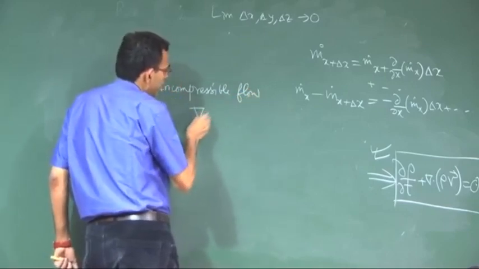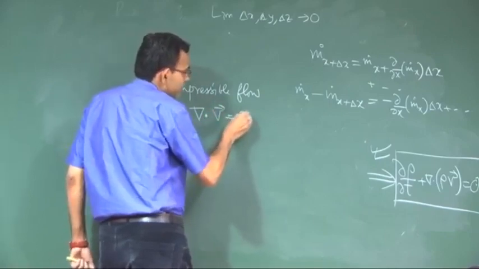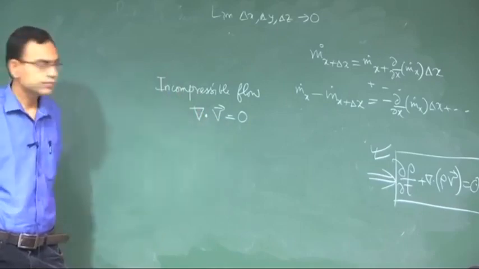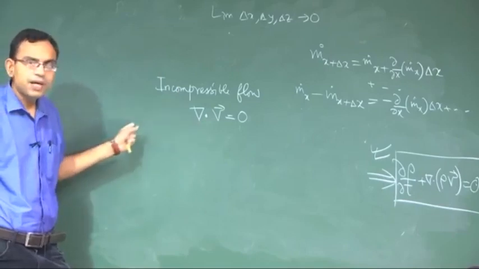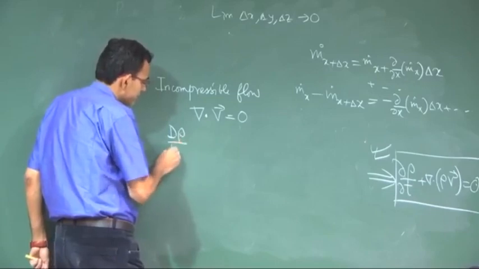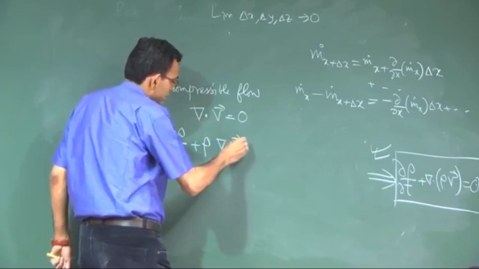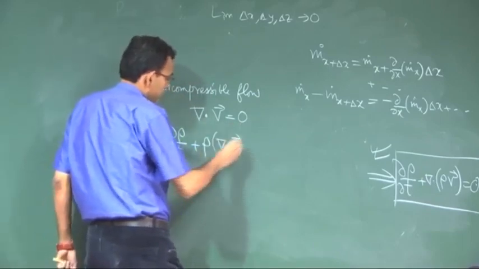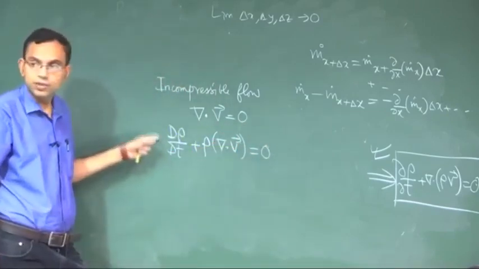We already know that for incompressible flow divergence of the velocity vector is equal to 0. This is derived from pure kinematic constraints. So, if you recall the control mass based analysis, then what was it? d rho dt, right, control mass based equation.